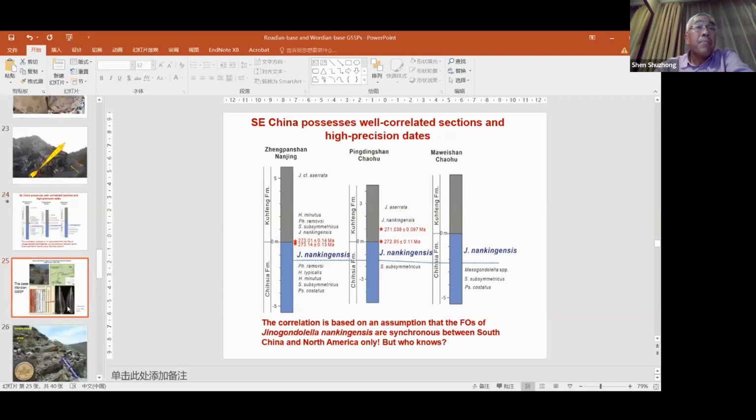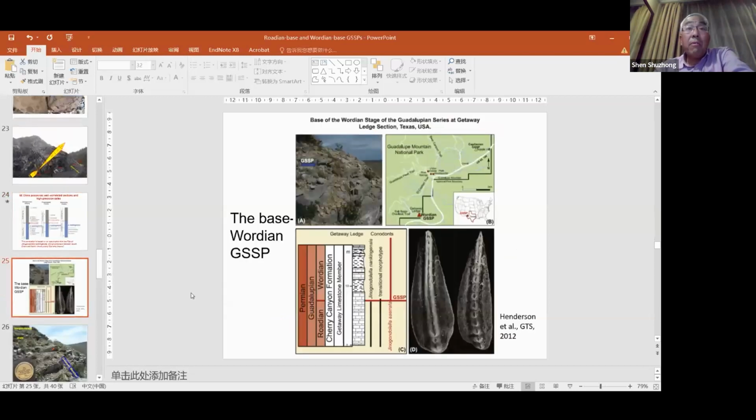So now let's see the base of the Wordian section. And this is a picture from Charles's GTS 2012. And here is the picture to show the GSSP for the base of the Wordian. Okay. And it is marked by Jinogondolella aserrata beginning to occur from here.